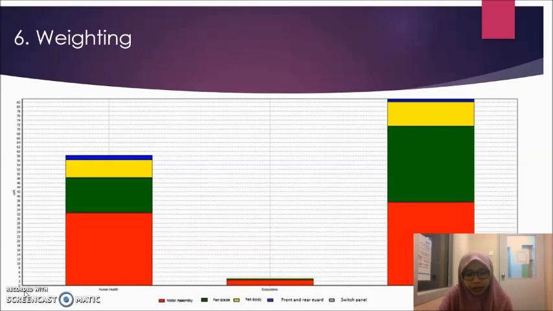For the weighting, it is divided into three factors: human health, environment, and economy. It seems like the previous slide, but for this weighting factor, the percentage of the motor assembly is lower than the previous one.